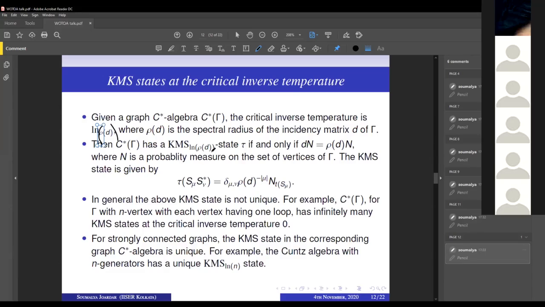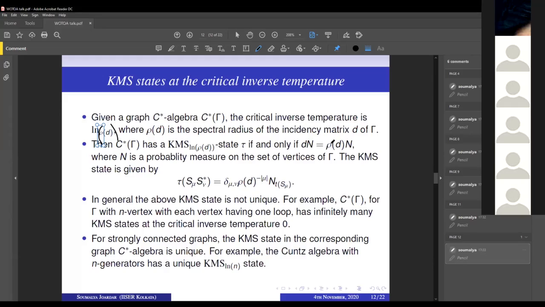So C*(Gamma) has a KMS ln rho state if and only if this rho, the spectral radius, is actually an eigenvalue of the incidence matrix. That is what I mean by the underlying combinatorial structure actually helping in studying graph C*-algebras. Just by looking at the matrix, its spectral radius and the eigenvalue problem, you can decide whether a KMS state exists at a given temperature or not.